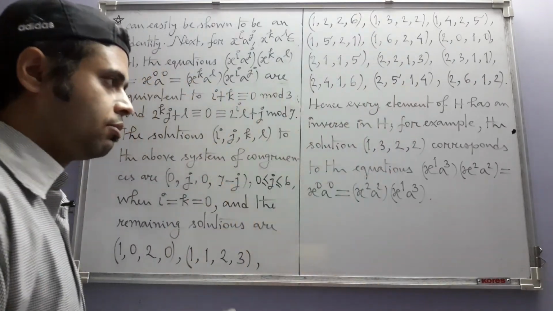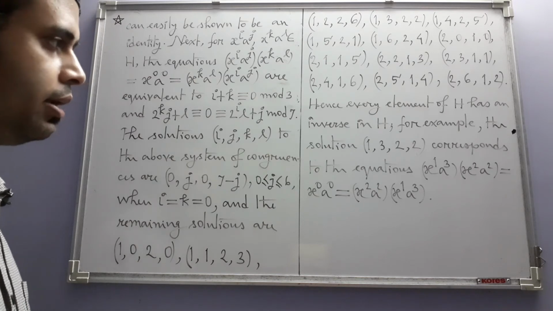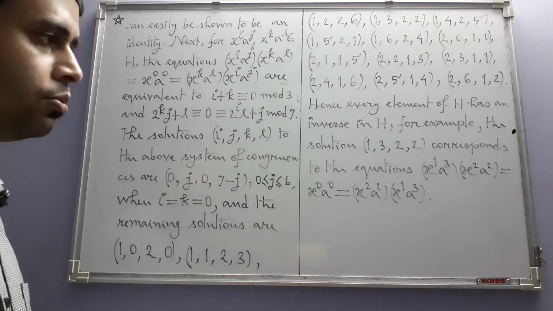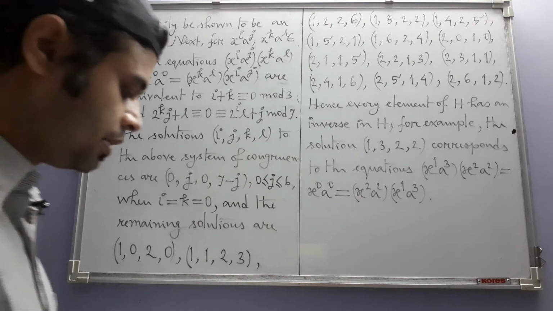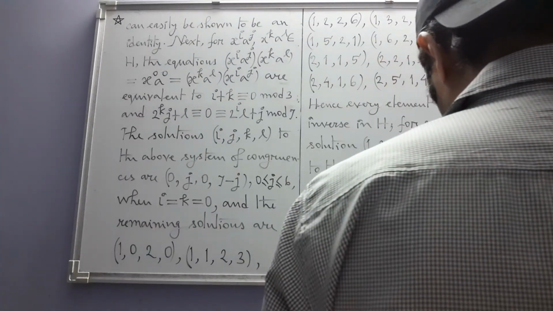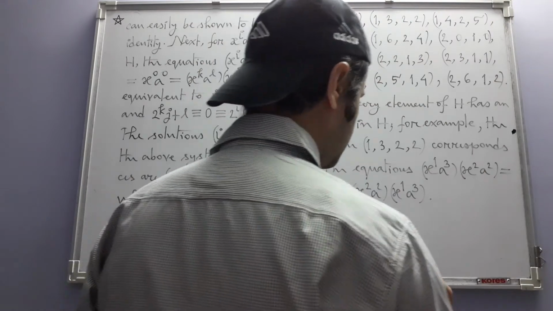We have now completed showing that H is in fact a group, and since it has 21 different elements, its order is 21. Okay.